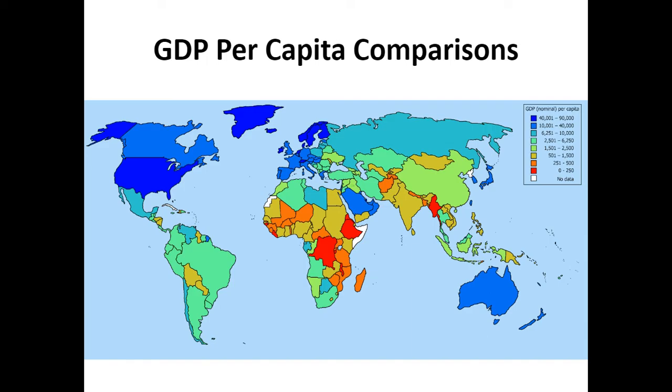You've got the United States, Canada, Australia, all of Europe, and Japan as some high per capita GDP countries. And the lower you get on the color scale towards the reds or the oranges, the less people are making per capita.